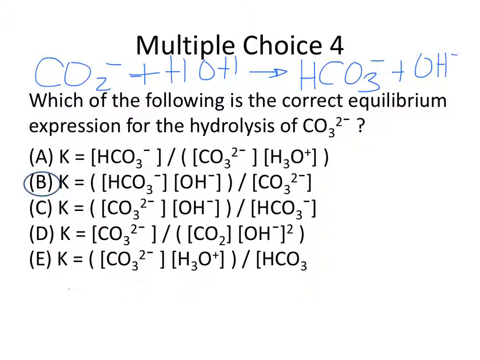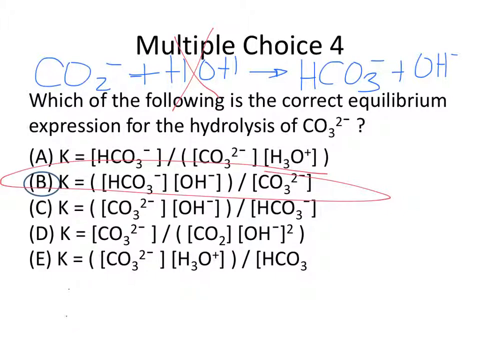You're going to have HCO3 minus and hydroxide as the products. And what can we get rid of in terms of a reactant? Get rid of water. So the only thing we have on the bottom is CO3 2 minus, which has to be B. Okay, does that make sense? That's actually a really good point. And that's the only one with it on the bottom.